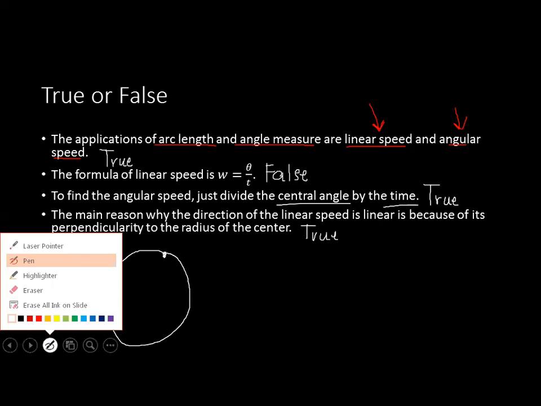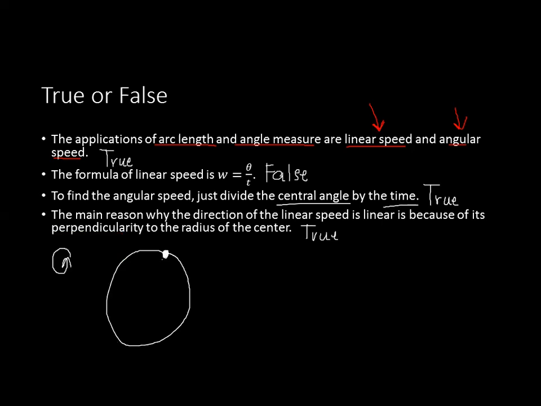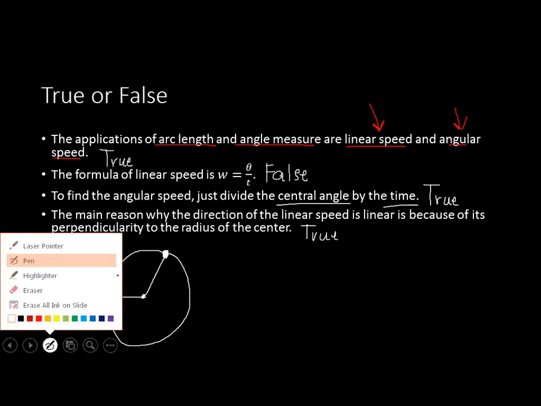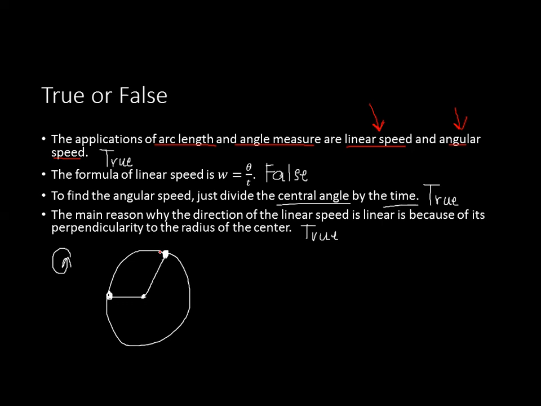Let's start from this thick point here, and then let's say you end here. These are the radii, or in singular, radius. If it rotates counterclockwise, then you will expect that this object will move in this direction, right?